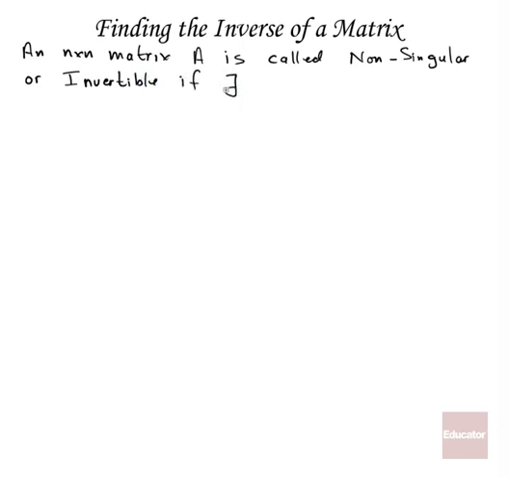An n by n matrix A is called non-singular or invertible if there exists, and remember this reversed E means there exists, an n by n matrix B such that A times B equals B times A equals the n by n identity matrix, which, remember, is that n by n matrix where everything on the main diagonal is a 1.